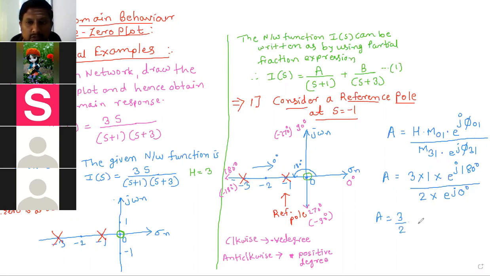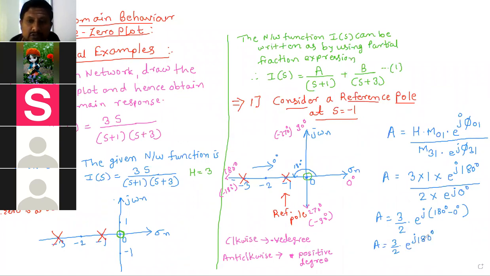नेक्स्ट ई रेस टू जे. आता जे मधून मी 180 आता हा 0 डिग्री वरती गेल्यावर मायनस होणार -0 डिग्री. ओके, सो A is equal to what? 3/2 into e raised to j 180 degree.